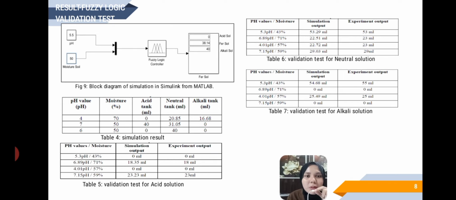Based on Tables 5, 6 and 7, a comparison has been made between the simulation output and the experiment output. It shows that the simulation output has a small difference from the experiment output. It proved that the simulation was accurate to real application.